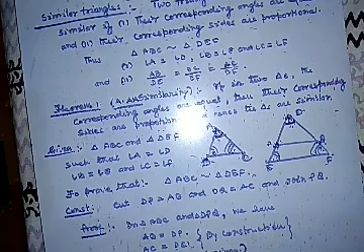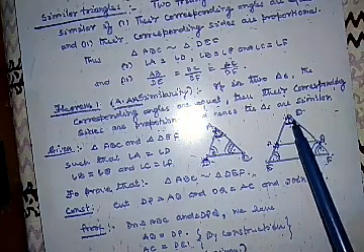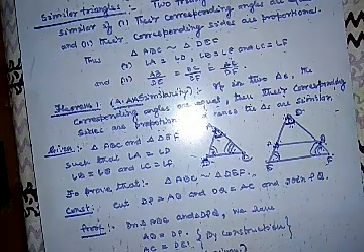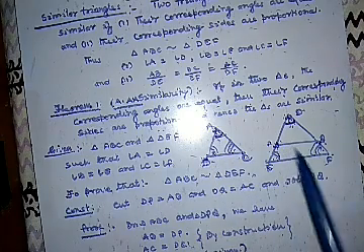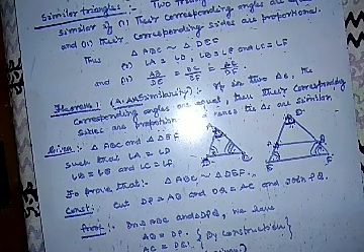This implies that triangle ABC is congruent to triangle DPQ, therefore angle B is equal to angle P by CPCT.